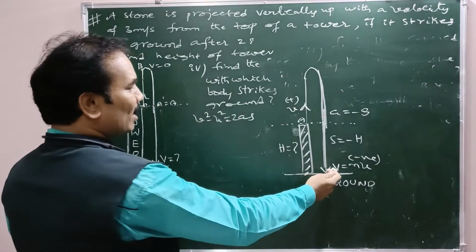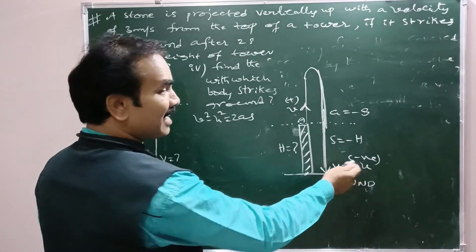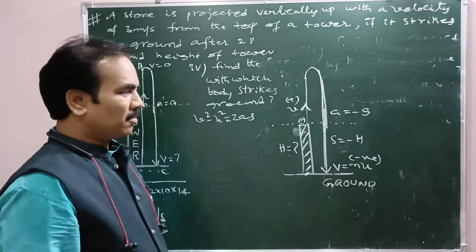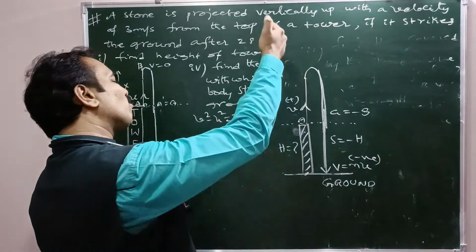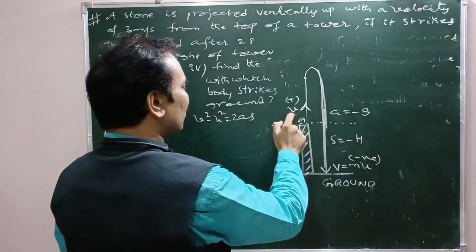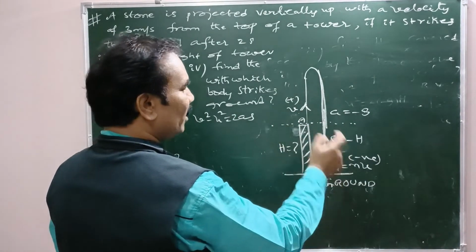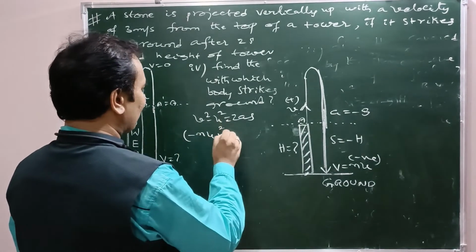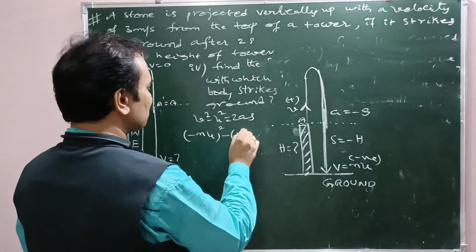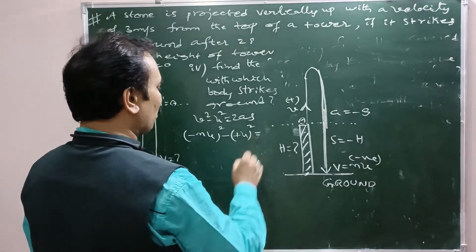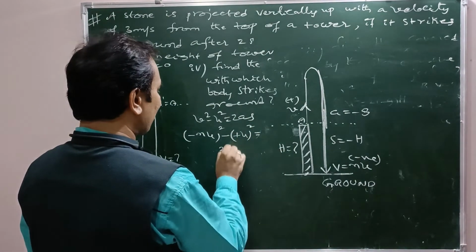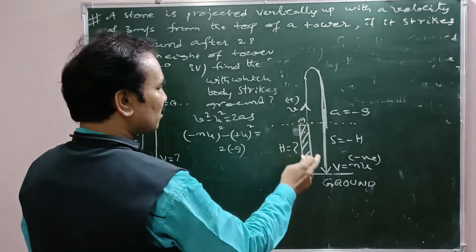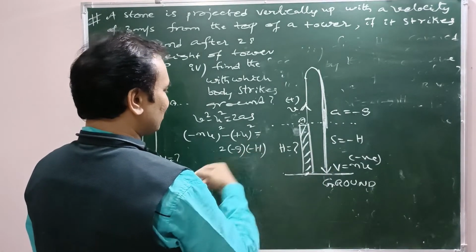Now, what is the final velocity here? Is it nu or minus nu? Minus nu. Why? Because upward motion is positive. This is the reference line: u positive, v negative. That is minus nu whole square minus u square equal to 2 into a, which is minus g, into s, which is minus h.